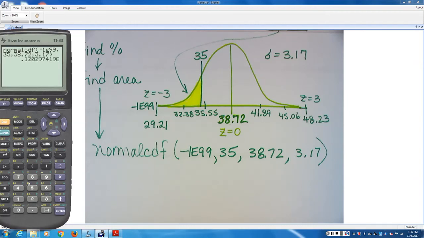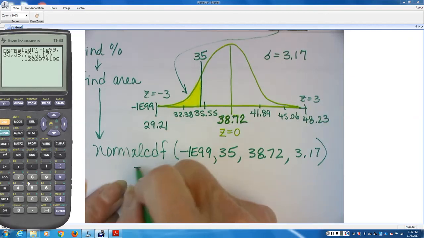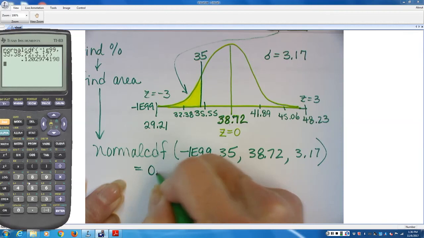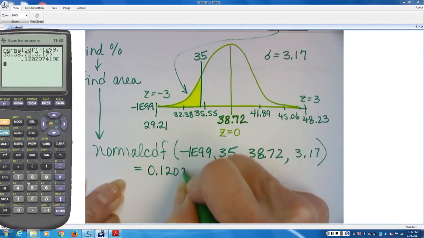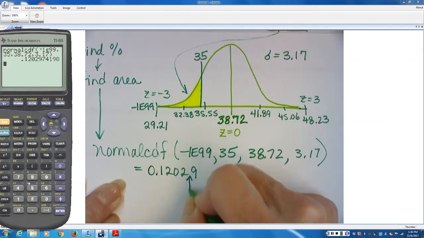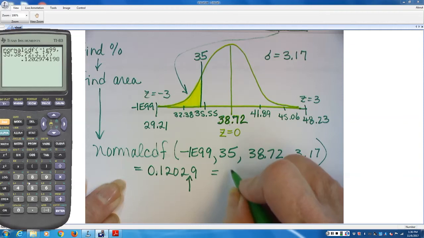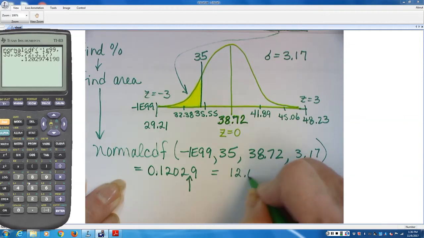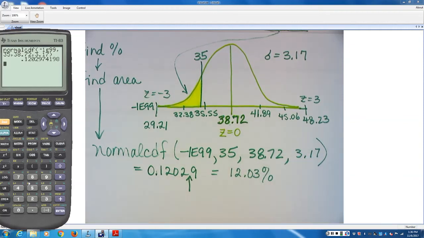So that percentage is 0.12029, which is 12.03%.